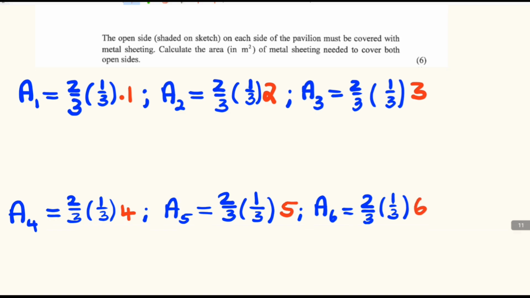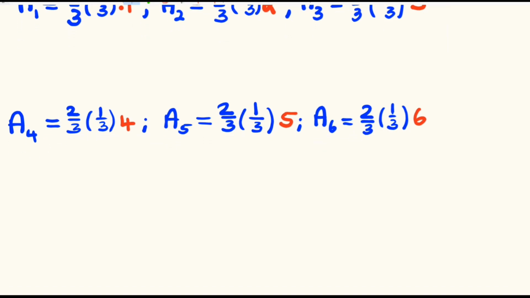And area 7 will be equal to 2 divided by 3 multiplied by 1 over 3 multiplied by 7.